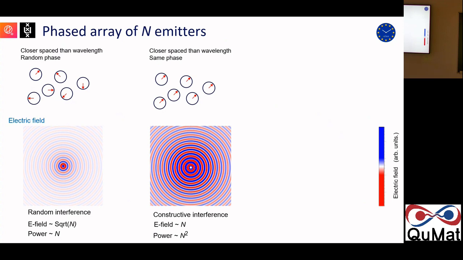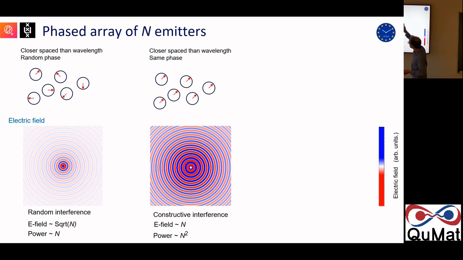All the phases of these individual emissions of electromagnetic waves are incoherent. So you just have a random superposition of these waves, and the power is just N times the power of a single atom, where N is the atom number. That's not good. That's exactly what I had before.